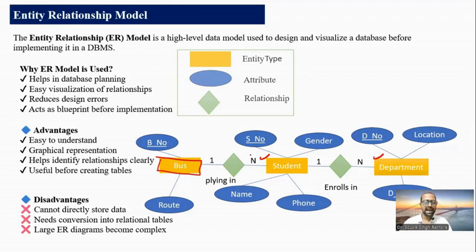A student has student number, name, phone number, and gender. The bus has the bus number and the route on which it plies, and the department has department number, department name, and location. You see that these properties, also called attributes, are represented using ovals.